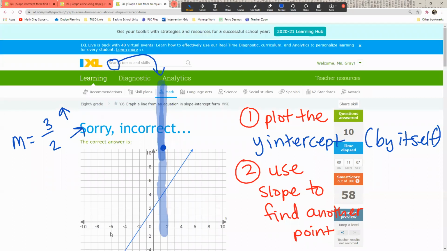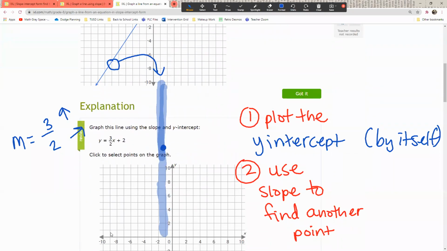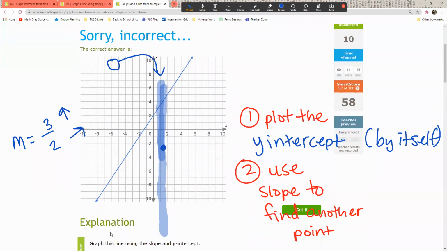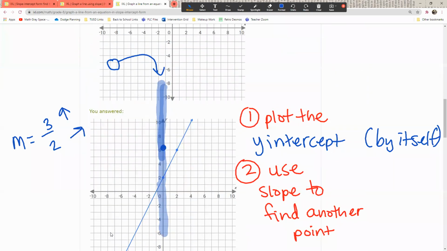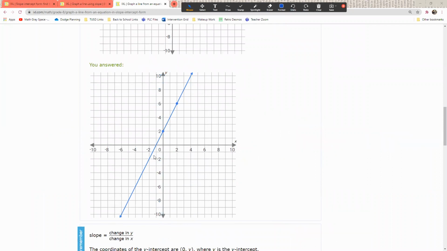Oh, what did I miss, Miss Gray? Did I count wrong? Oh, I did. I went up 4. Look, we'll clear it all. So I went up 1, 2, 3, 4. So be careful. It's obviously easy to mess up.